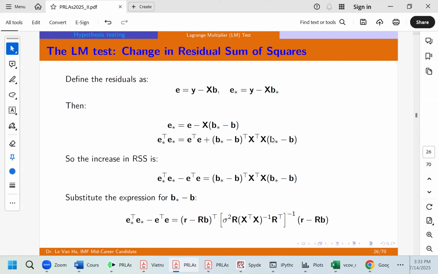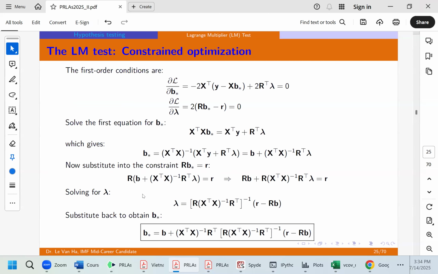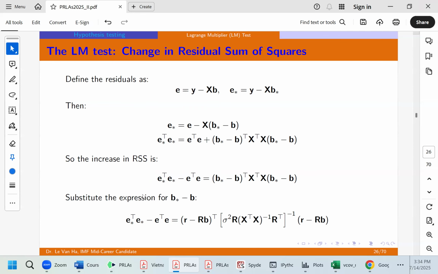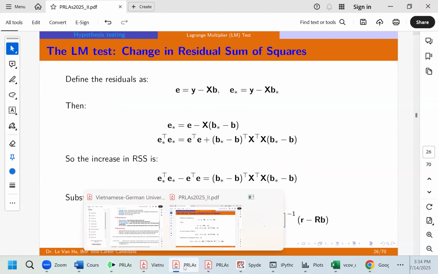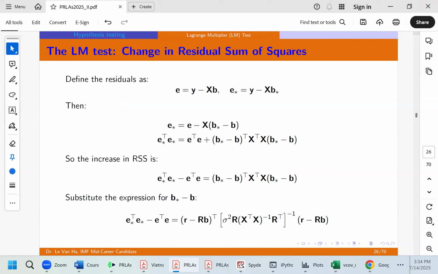So the increase in the restricted sum of squares of the error term is this part. If we take b star minus b and plug it in, we will get the sum of squares of the restricted model minus the sum of squares of the unrestricted model. You will have an expression that looks like this.